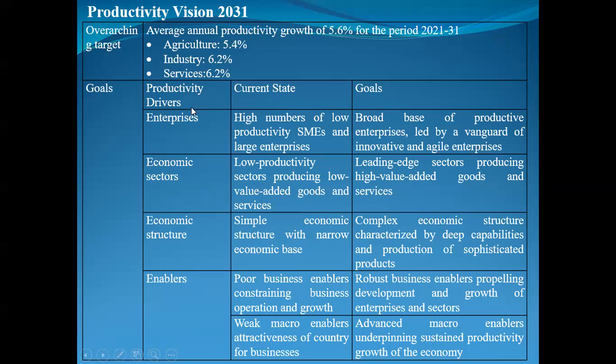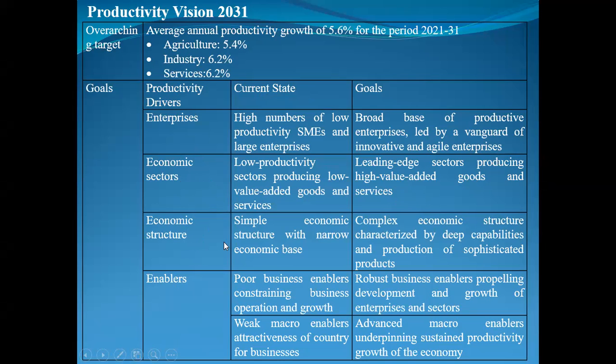These are the productivity drivers: enterprises, economic sector, economic structure, enabler. Current state: a high number of low productivity SMEs and large enterprises. The goal is a broad base of productive enterprises led by a vanguard of innovative and agile enterprises. Economic sector: low productivity sectors producing low value added goods and services, moving to leading sectors producing high value added goods and services.